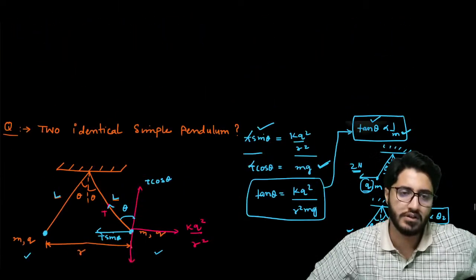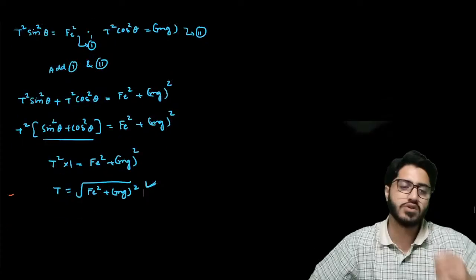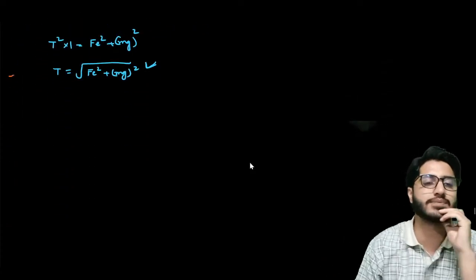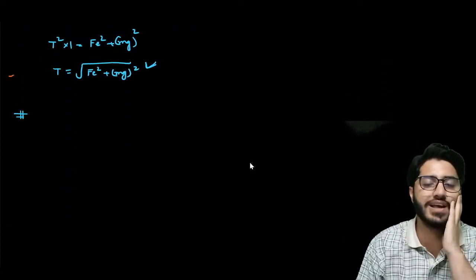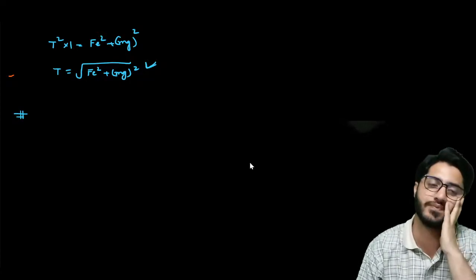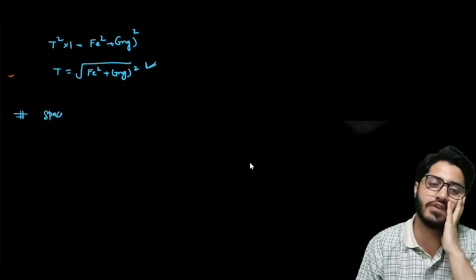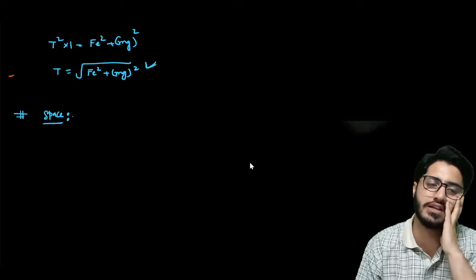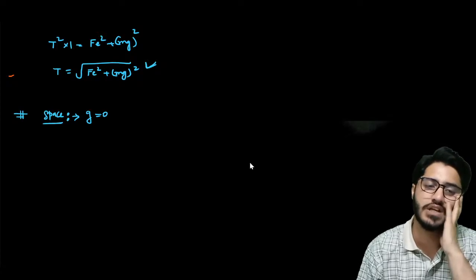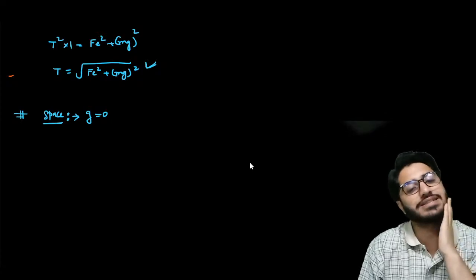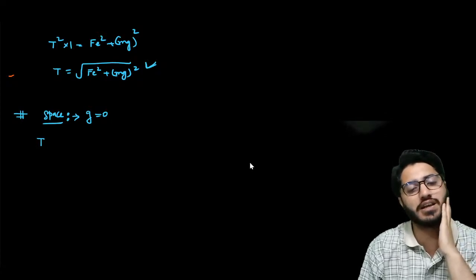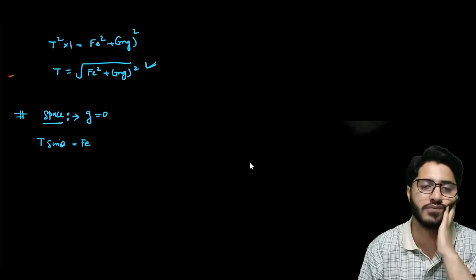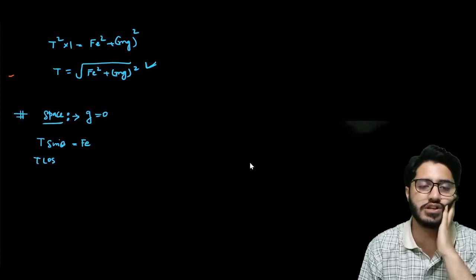Okay. Now let us suppose we are dealing in space. We have taken this particular pendulum in space now. So there g is 0. So what is T sine theta? Is it Fe? And what is T cos theta?